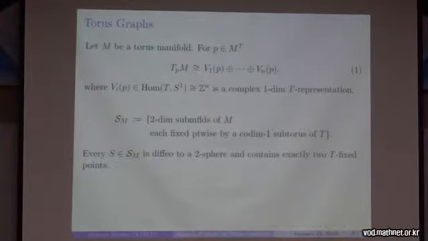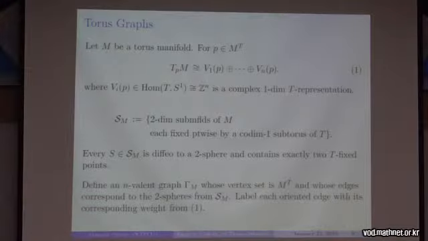And now what we're going to consider is the set of all two-dimensional submanifolds of the original torus manifold M, each of which is fixed pointwise by a codimension 1 subtorus. Okay? And each of these will be diffeomorphic to a copy of CP1, or to a two-sphere, which will contain exactly two fixed points.